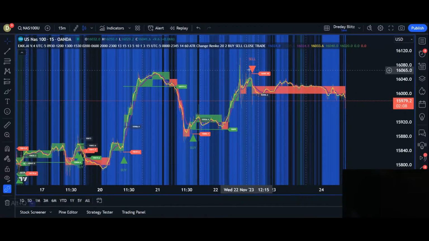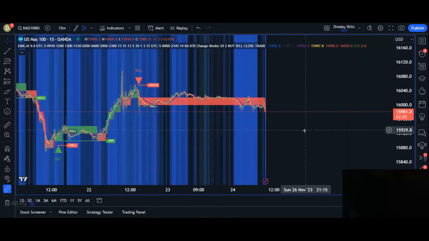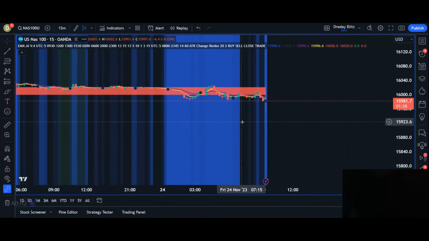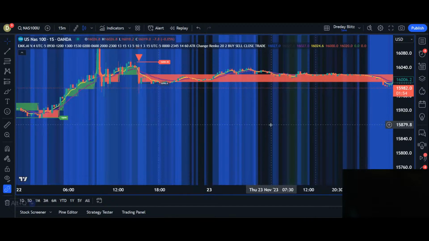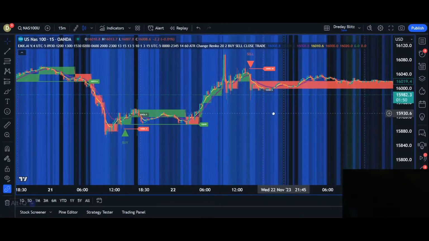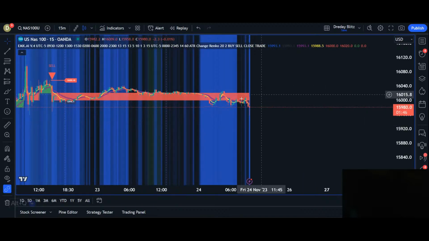We had a sell here on Wednesday, and if you have kept that sell, you would still be in that trade, and it would be starting to go down. So I'm waiting to get another Renko off of the 1 hour Renko to confirm that we're going in the opposite way.